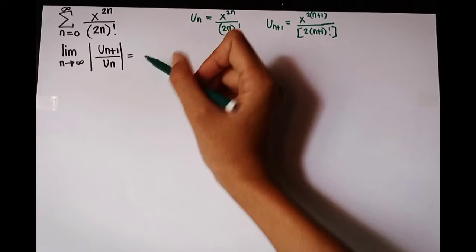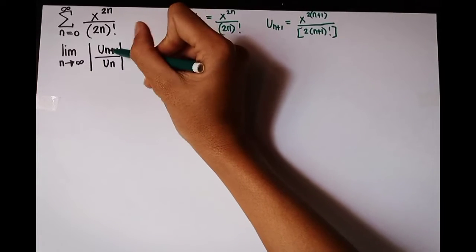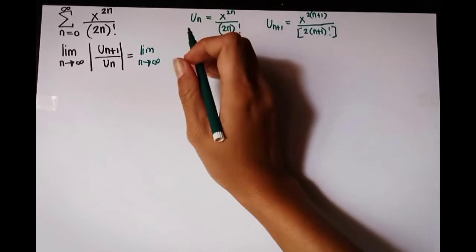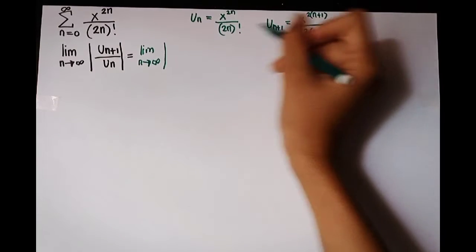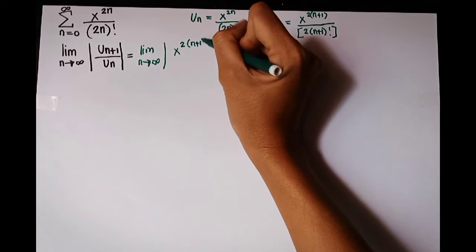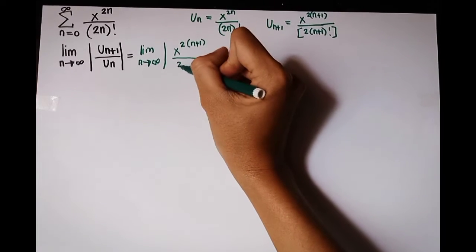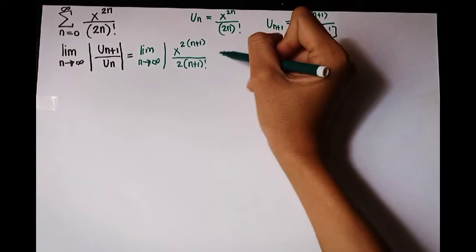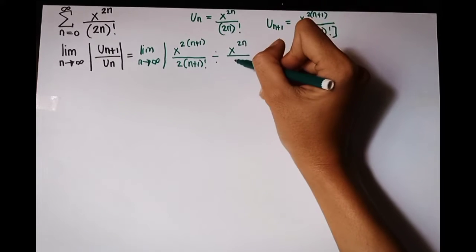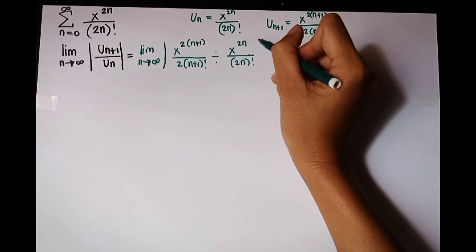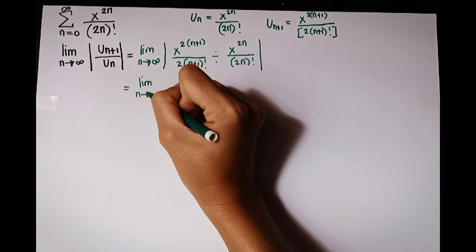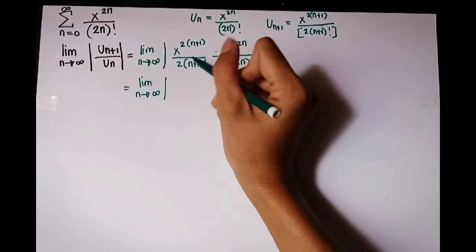So the limit as n goes to infinity of the absolute value of un plus 1 over un: x raised to 2 times n plus 1 over 2 times n plus 1 factorial, divided by x raised to 2n over 2n factorial.